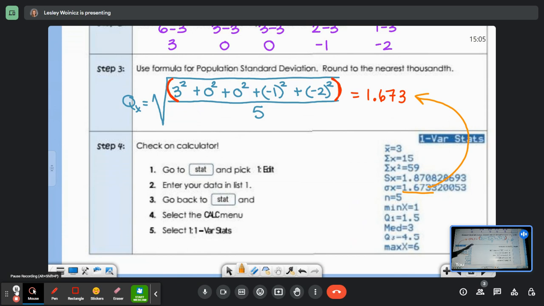Okay, so let's label these real quick. The very top one is the mean. This S sub x is the sample standard deviation. The sigma sub x is for the population. N is the number of principals we surveyed.